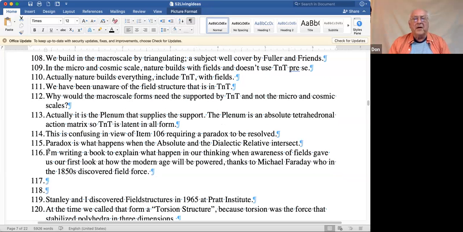Actually, it is the plenum that supplies the support. The plenum is an absolute tetrahedral action matrix. So TNT is latent in all forms. This is confusing in view of item 106 that I just mentioned, requiring a paradox to resolve that. Paradox is what happens when the absolute and the dialectic relative intersect.